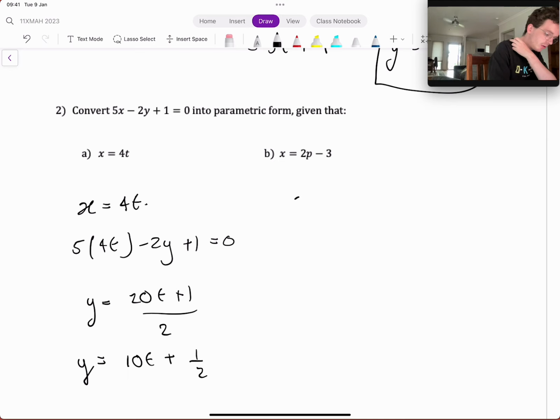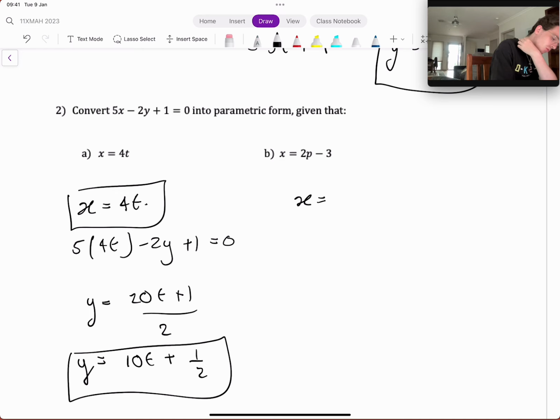And again, here we've got our first equation. For our first equation, we've got x is equal to 2p minus 3. We substitute that into our Cartesian equation. We have 5 times 2p minus 3 minus 2y plus 1. If you have a go at doing that, I'm just going to quickly do it now.